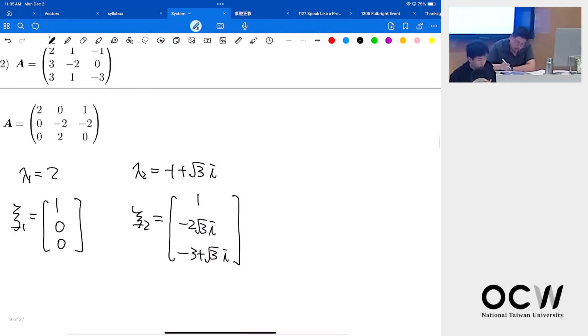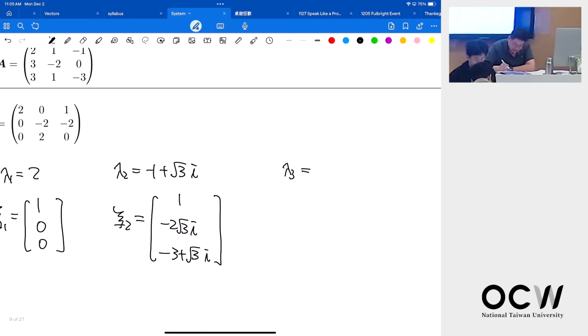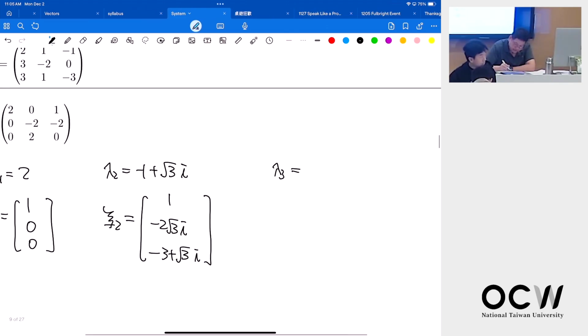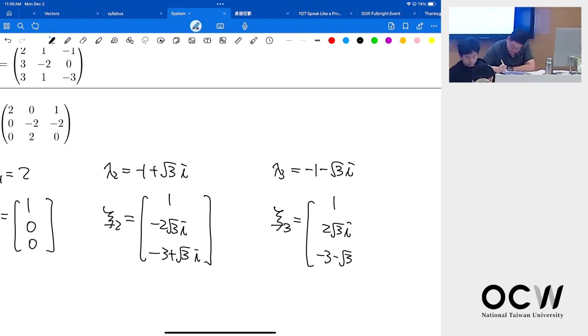Then the last one. Since you see the complex number, for the eigenvalues, we should have the conjugate of these eigenvalues. So -1 minus square root of 3i. And their associated eigenvector, also do the conjugate. You can see this conjugate.